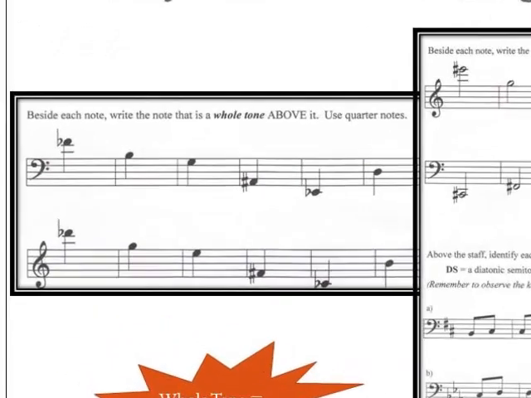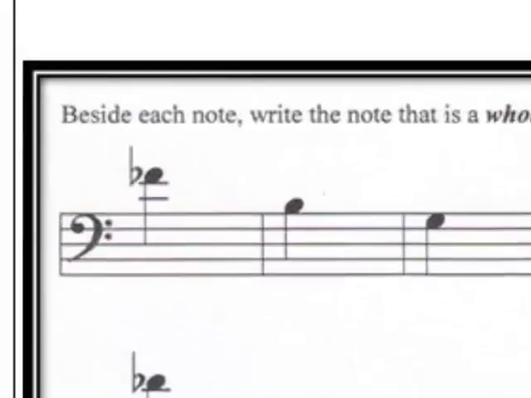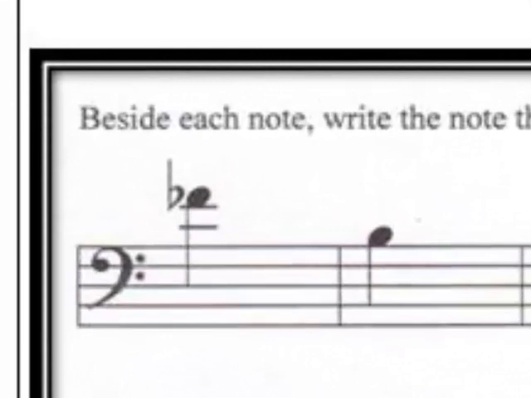On page 7, you will be writing a note that's a whole tone above the given note. Remember that when you're going a whole tone above a note, you're also going up one note name. Our first example is F flat. The answer must have a G in it. The answer would be F flat to G flat would be a whole tone.